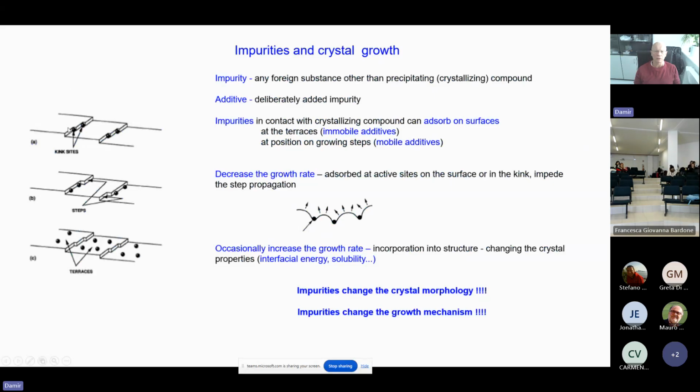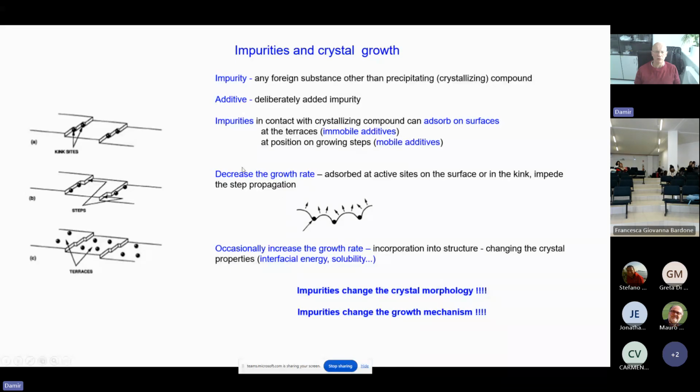Impurities that are in contact with the crystallizing compound typically adsorb on the surfaces. After adsorption, they can stay adsorbed at the terraces, but they can move to the growing step if they are mobile enough.